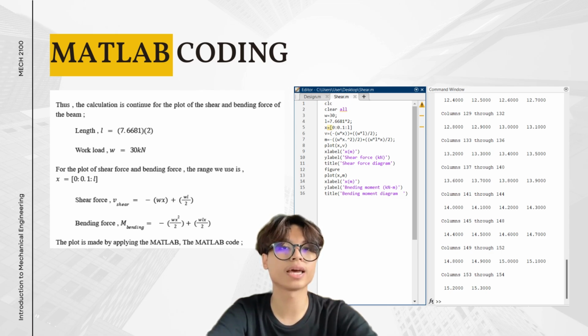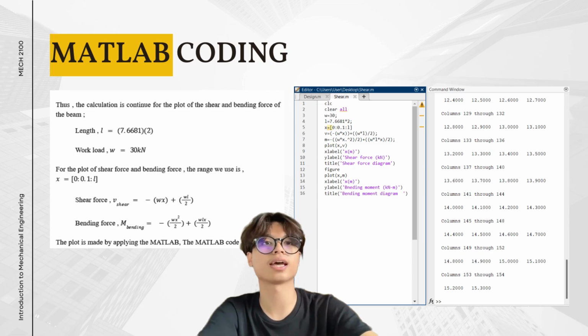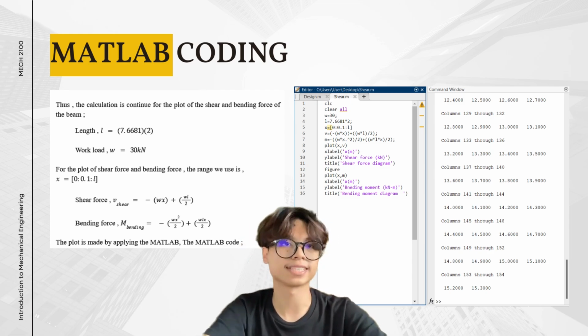V and M here represent the shear force equation and also the bending moment equation. So we will plot X and V for the first equation, which is for the shear force. The shear force acts as the y-axis, and X acts as the x-axis.